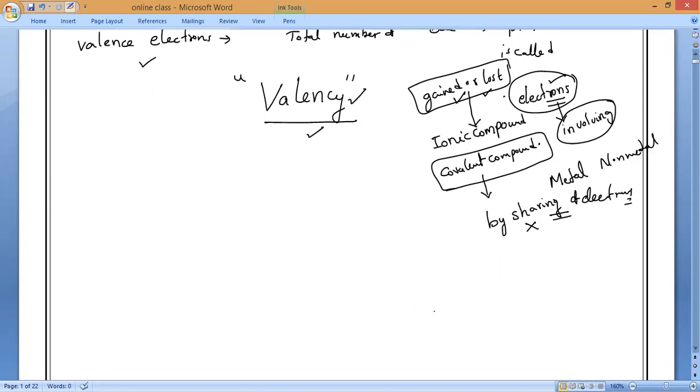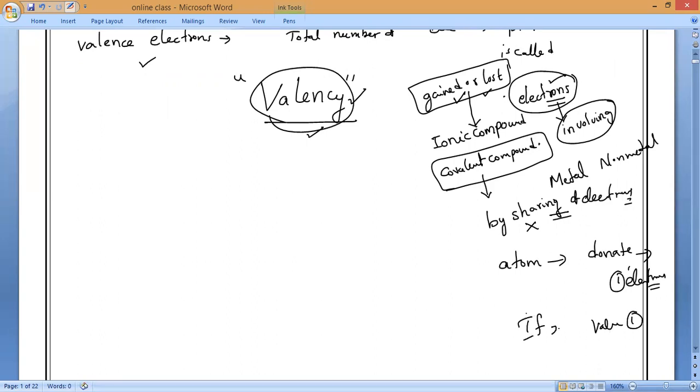Do you understand it? Suppose some atom can donate or lose a maximum of 1 electron, then its valency is 1. If it will donate 2 electrons, valency is 2. If it will donate 3 electrons, valency is 3.